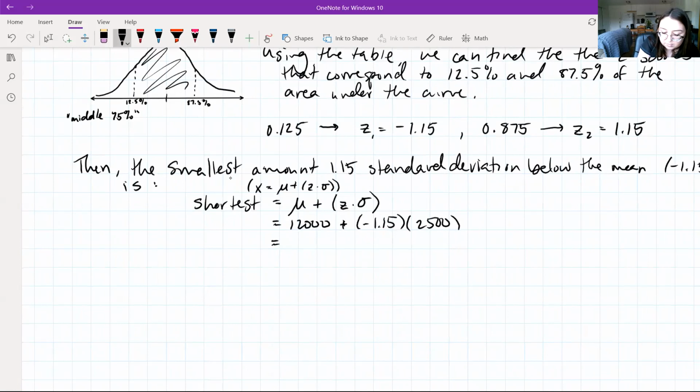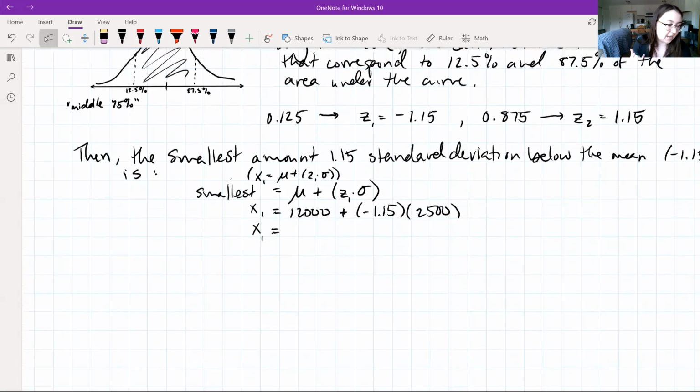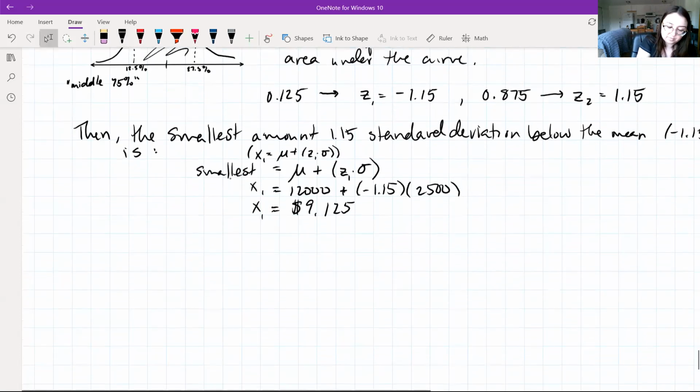The same thing as saying x, let's call this x1 since this was z1. Then we see that x1 is equal to $9,125.